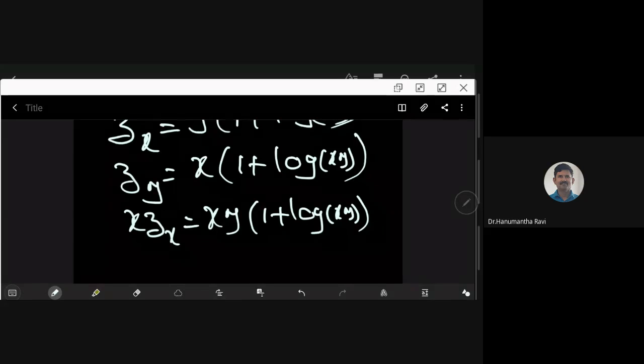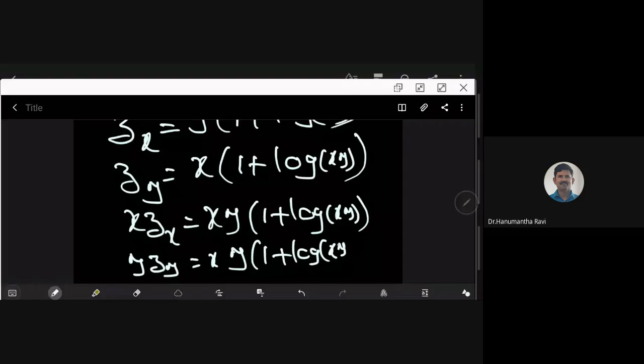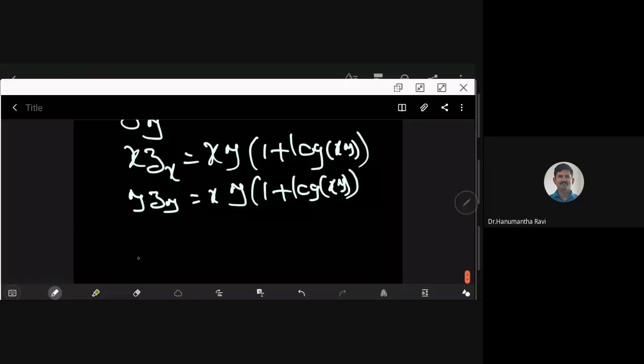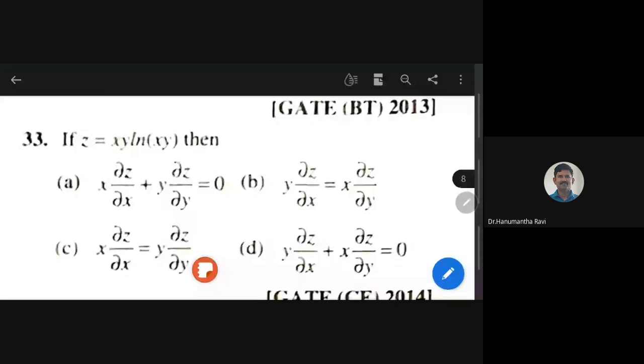What is y zy? It is xy into 1 plus log xy. Thus, we have x zx equal to y zy. This is possible. That is the third, C is the correct answer here.